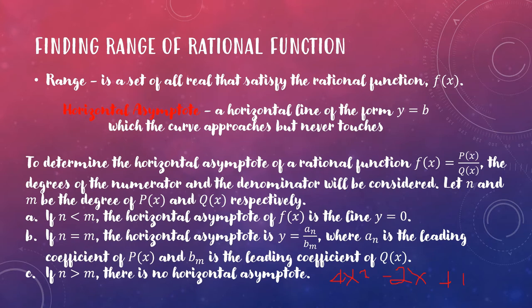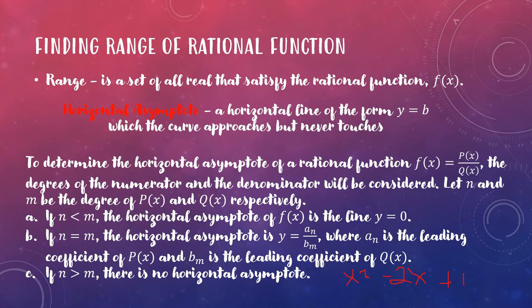Kung mag-ingon ka og leading coefficient, ang leading coefficient nato dire will be the number 4. Ngano man, siya man ang numerical coefficient sa term with the highest exponent. Pinakataas nga exponent. We have x squared, 2 ang iyahang exponent. So therefore, 4 here is the leading coefficient.